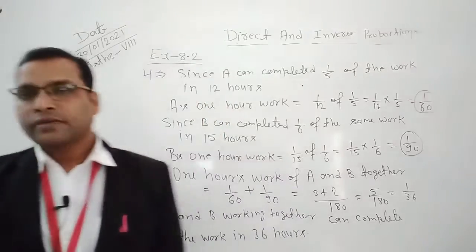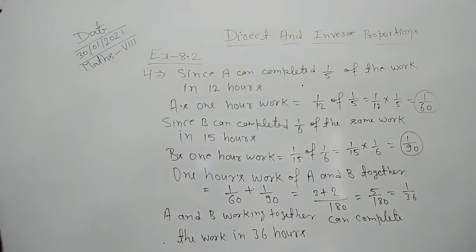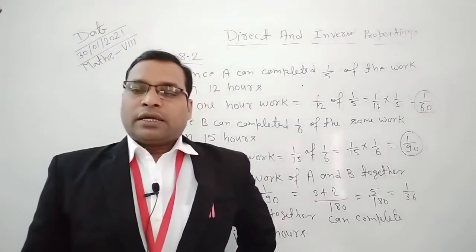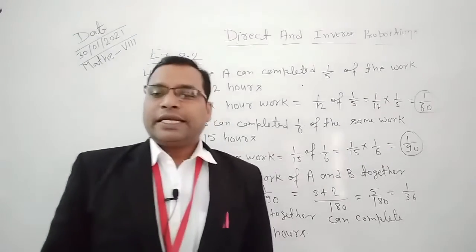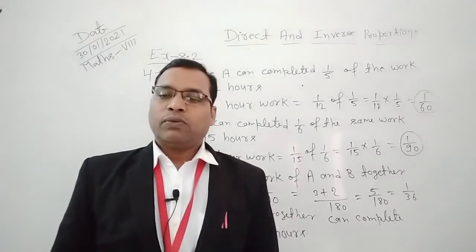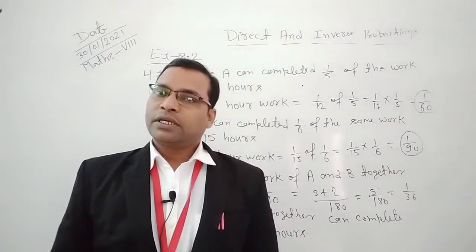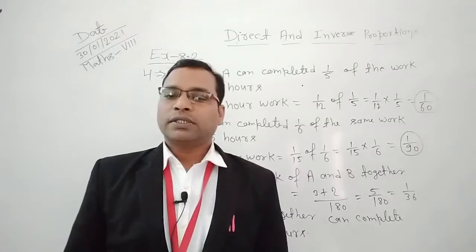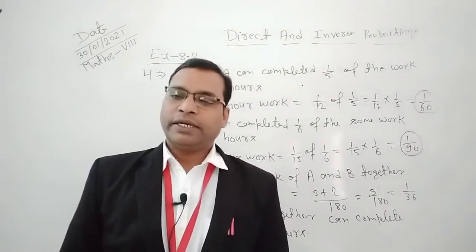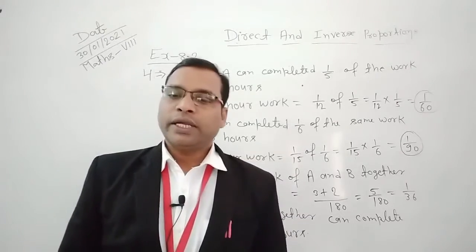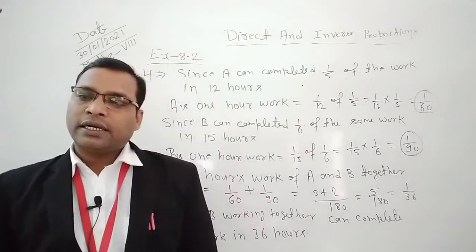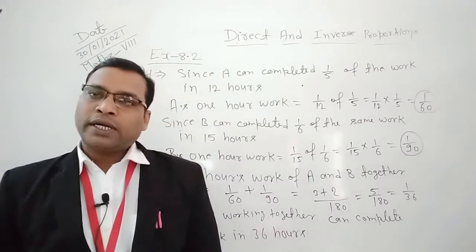So let's see how to solve this question. Students, in this question you can see A and B together can dig the pond in 20 days. So here we find the 1 day work of A and B together. This is equal to 1 upon 20. Clear? So 8 day work, because both work for 8 days.